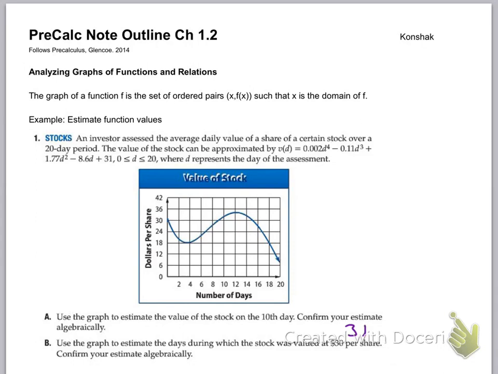The second part to that question says, confirm your estimate algebraically. How can I confirm it algebraically? Oh, I have an equation that allows me to replace D with the number of days, and I'm saying there should be 10 days gone by. Can you confirm that it actually equals 31? So, basically, can you take 10 and plug it into the equation?